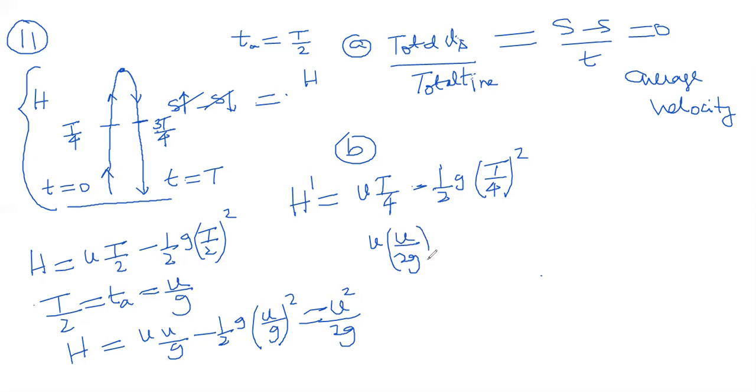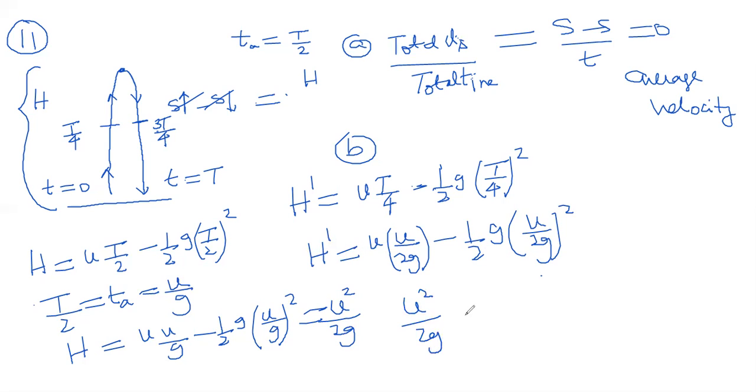Now you substitute that, and you will get a totally different answer. u by 2g whole squared. What would this h dash be? Your guess will not be the correct answer. You get u square by 2g minus half u square g by (4g square), I mean u square by 8g.